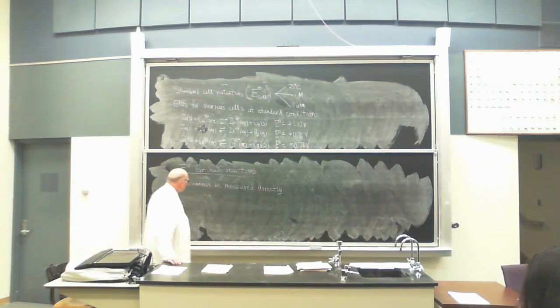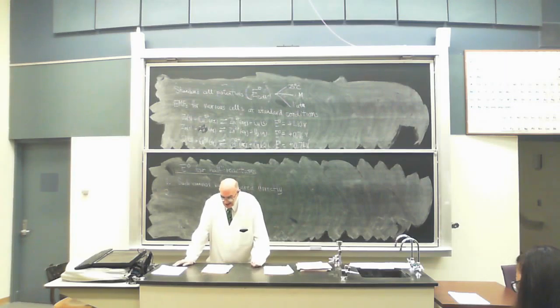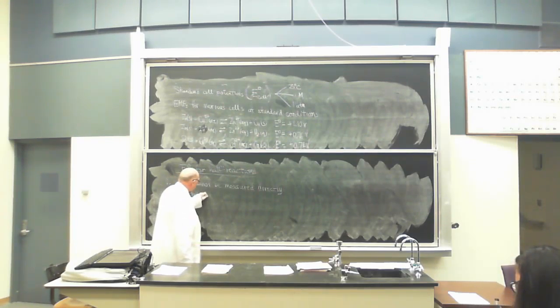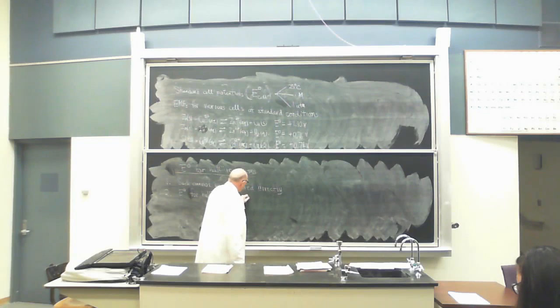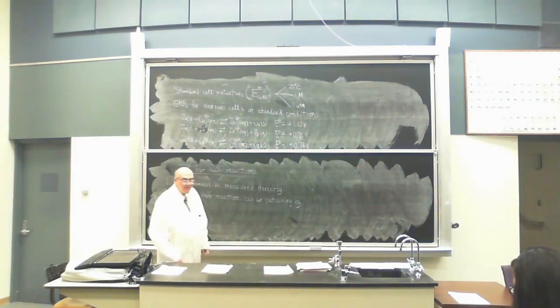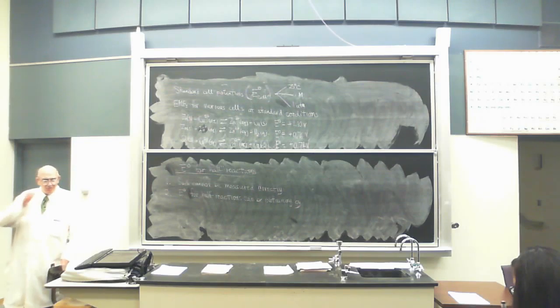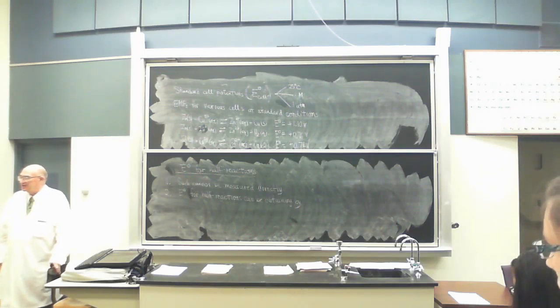Now, what we're going to do is, E0 for half reactions can be obtained by a method that we used in 1210, when we had the carbon-12 scale for atomic masses.